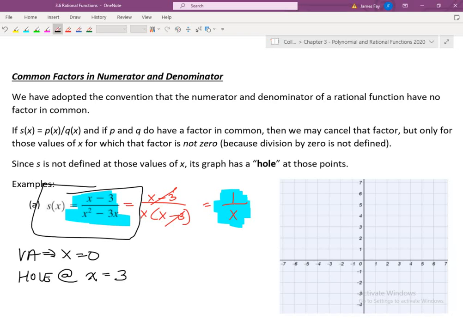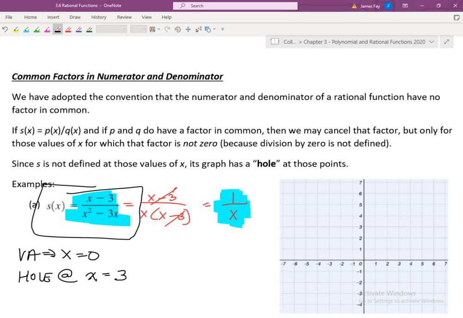The denominator is now, instead of just finding asymptotes, where we find discontinuities. I always take the approach that I'm going to look at my denominator, find all the zeros of the denominator, and they're going to start off as asymptotes. Once I list those, I'm going to go back and ask which ones of them are common to the numerator? Then it changes from an asymptote to a hole. Does that make sense?